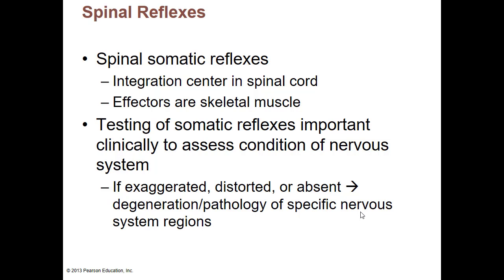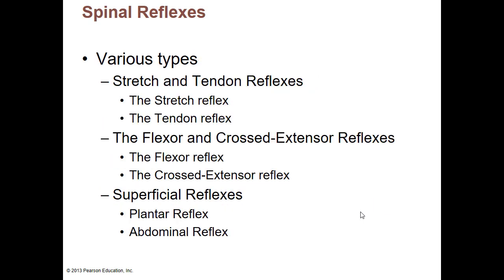And if all of a sudden your body reacts in an exaggerated or distorted fashion, or that reflex is absent, we know there's going to be some type of damage to the spinal cord somewhere. If they think there's neurological damage after a car accident, or because of some type of neurological disease, they're going to be constantly checking reflexes, looking to see, do we get the reactions we want in your skeletal muscles?